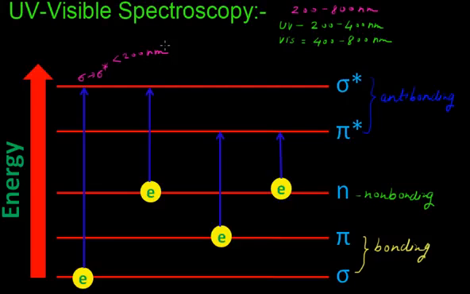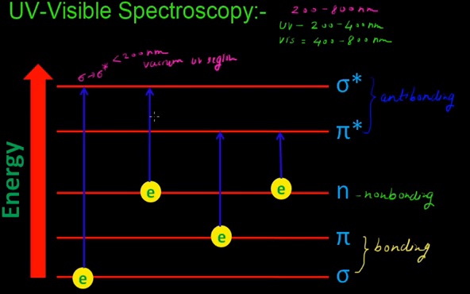To study them, the entire path length must be evacuated, and therefore the region below 200 nanometers is commonly called the vacuum UV region.